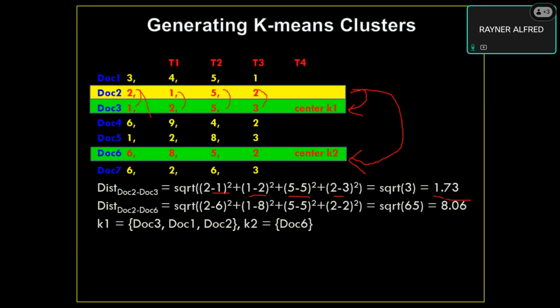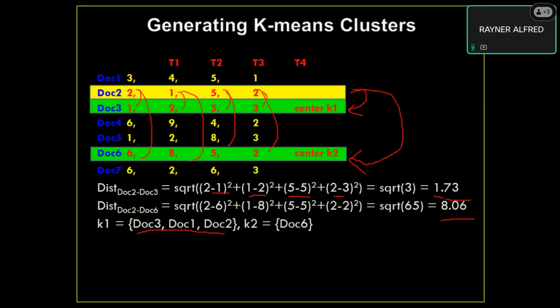And then you do it again for document 2 and document 6, and you get 8.06. And we know that document 2 is nearer to document 3, so we put them in the same cluster. Okay? What is next? Which one do we compare?